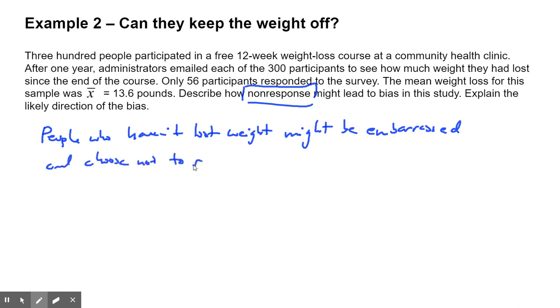So this is explaining who might not respond, right? So again, it's a whole embarrassment factor, or the program lets you down, or whatever.